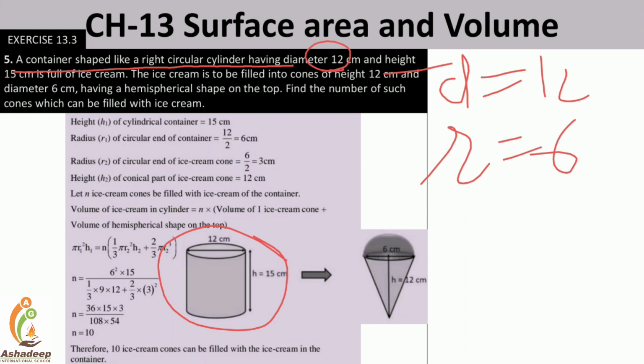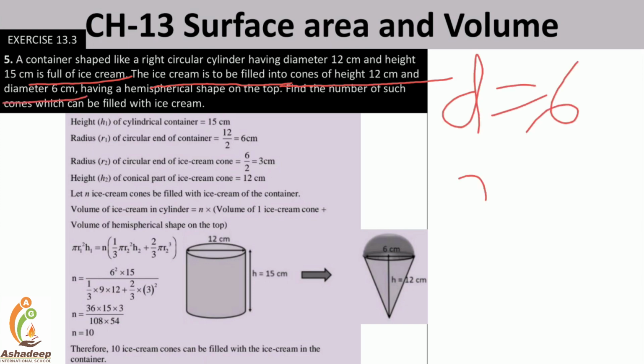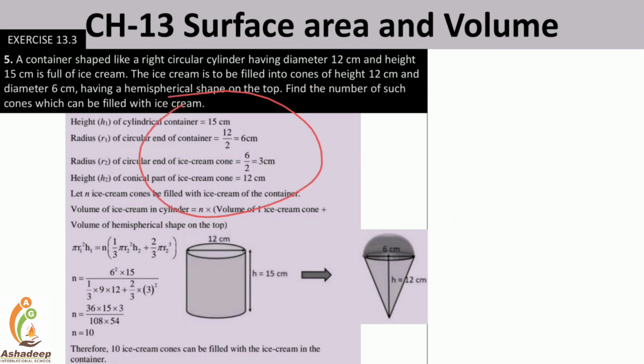The height is 15 centimeter. Now the ice cream is to be filled into cones of height 12 centimeter and diameter 6. If the diameter is 6, the radius is going to be 3.